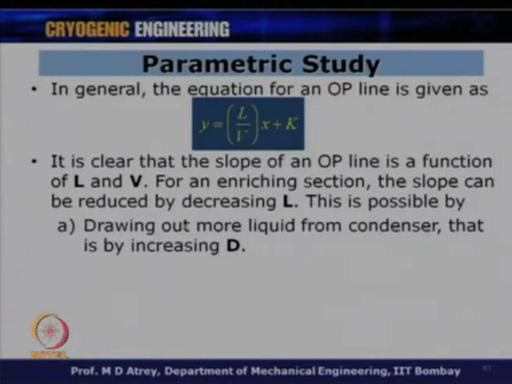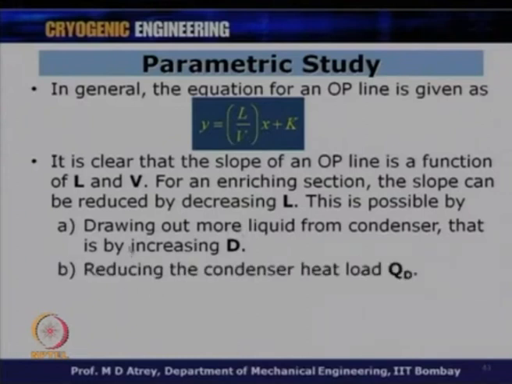So, I have kept the cooling effect the same, that means I get some condensate, of which now I am taking more D out. Instead of taking some quantity, I am taking more D out, that means less liquid will go down now. Okay. So, L is going to decrease, and when L decreases, L by V also would decrease. The other thing is, instead of taking more D, I reduce the condenser heat load.